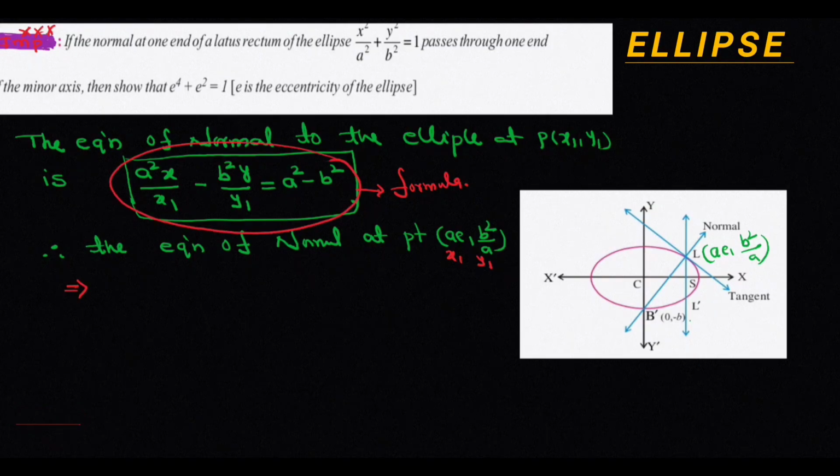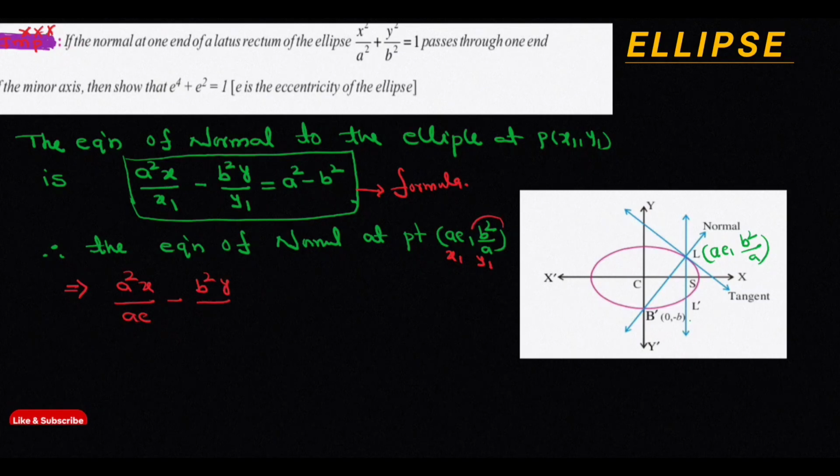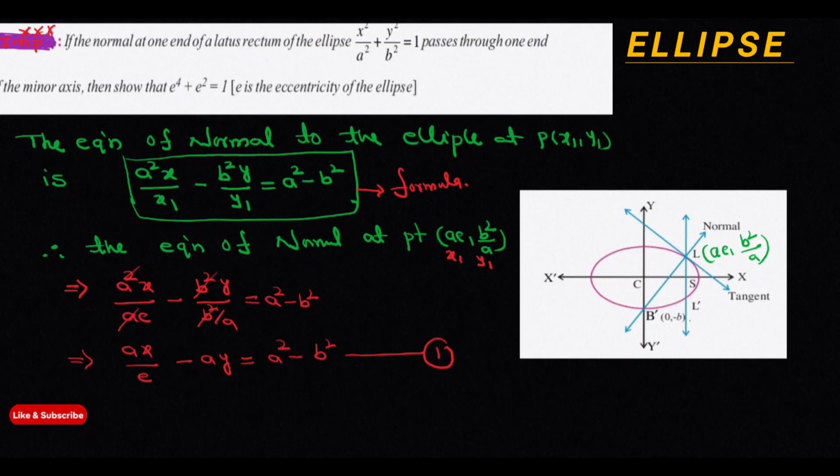Here a square x by x1, value is ae, minus b square y by y1, value is b square by a, is equal to a square minus b square. Here a square cancels, b square cancels, then we get the equation ax by e minus a y is equal to a square minus b square. Suppose that is equation number 1.